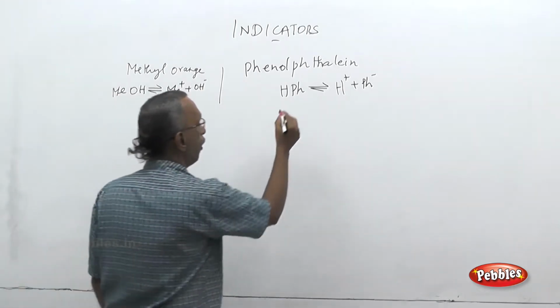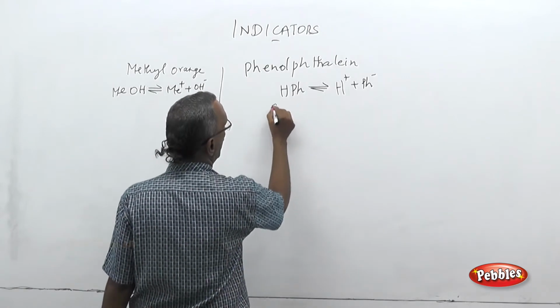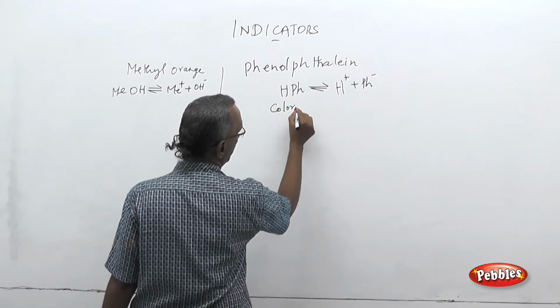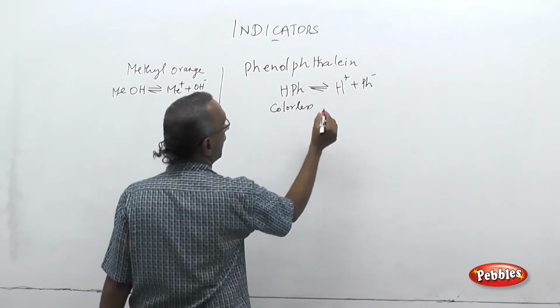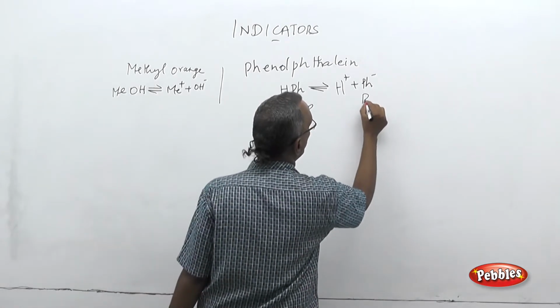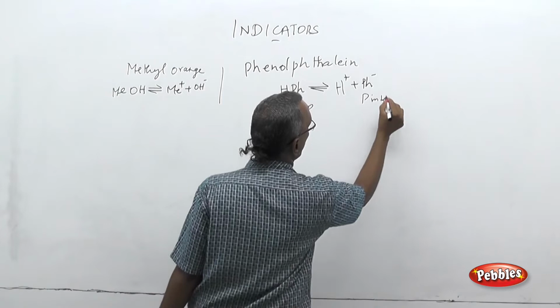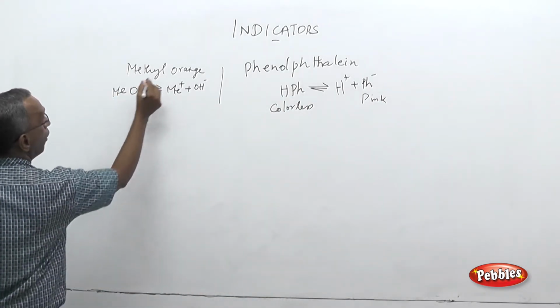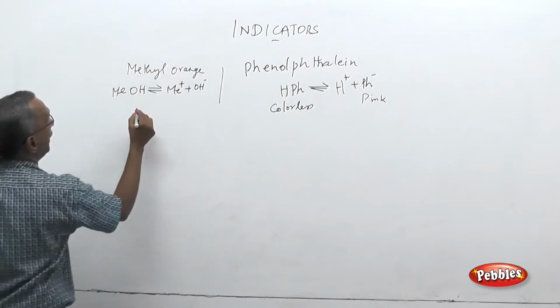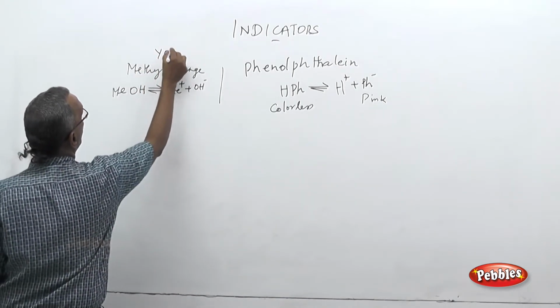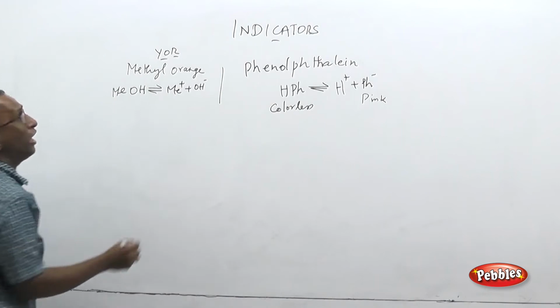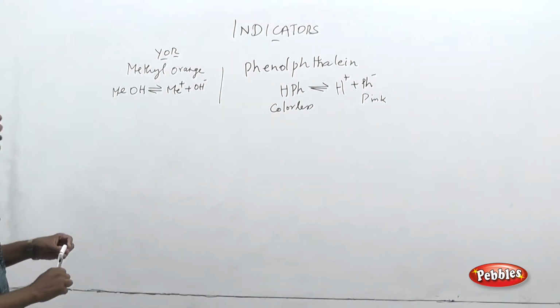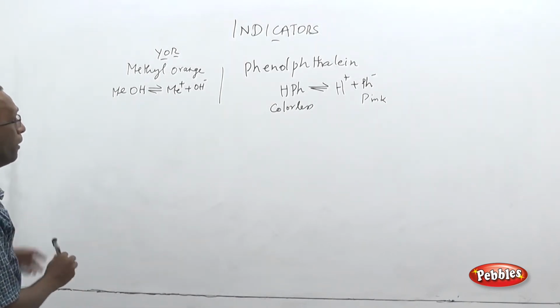Undissociated phenolphthalein is colorless in nature, whereas phenolphthalein anion is pink in color. Methyl orange is called orange because it is an intermediate of yellow and red in VIBGYOR: violet, indigo, blue, green, yellow, orange, red, the visible spectrum.